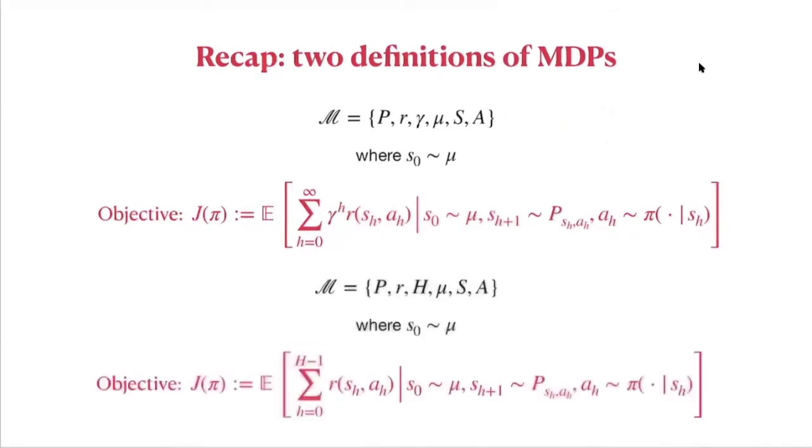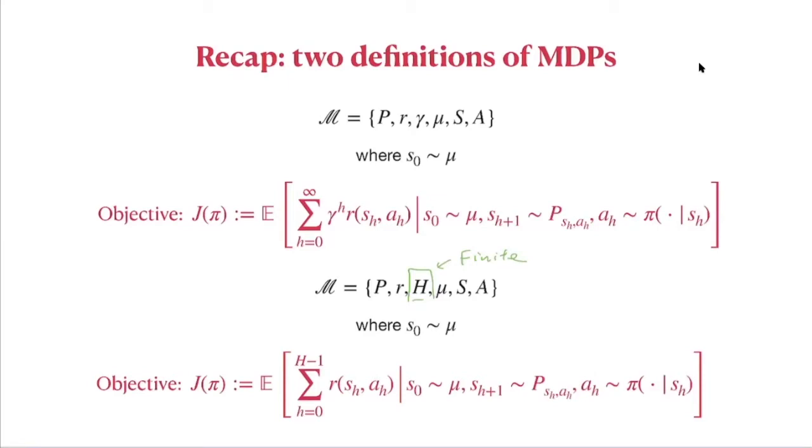And the second definition that we're now familiar with is this finite horizon setting. The rest is the same. The objective function intuitively is still the same. It's the expected total reward across the total capital H many steps now.